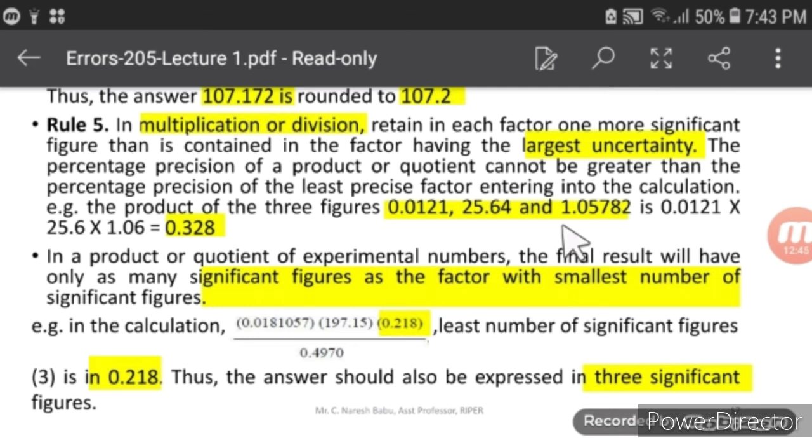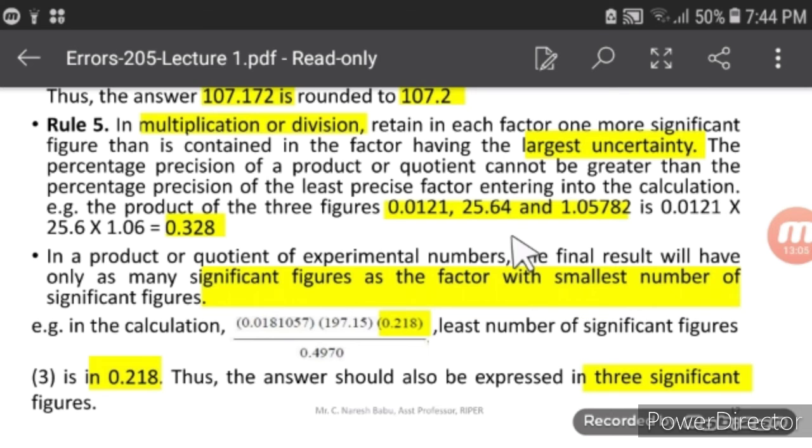Suppose 0.328, here are three significant digits, and see in our given quantities 0.0121, 25.64, 1.05782.